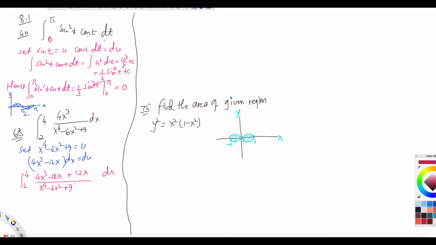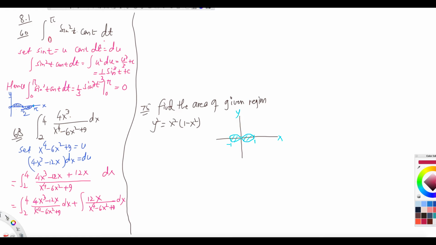Let us split it. That equals the integral from 2 to 4 of 4x cubed minus 12x over x to the 4 minus 6x squared plus 9 dx, plus the integral of 12x over x to the 4 minus 6x squared plus 9 dx. On the first integral, there is a function in the denominator whose derivative is in the numerator. That means it is a log, right?